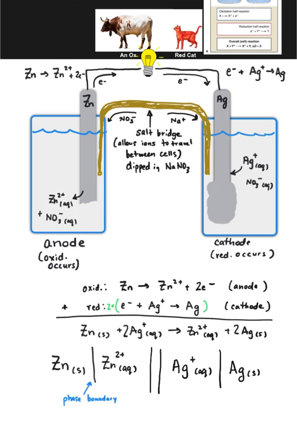This double vertical line represents a physical separation, not just a phase boundary, but a separation in space. All of the contents of our anode, zinc and zinc cations, are over in this beaker on the left. All of the contents of our cathode, silver and silver cations, are in this beaker over here on the right. They are physically separated in space.